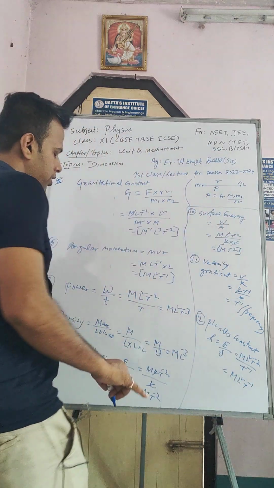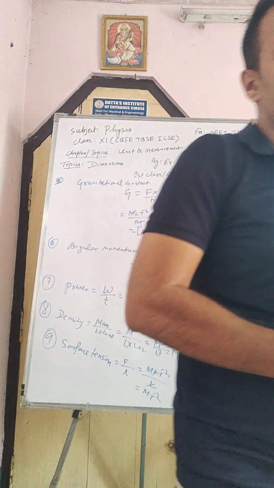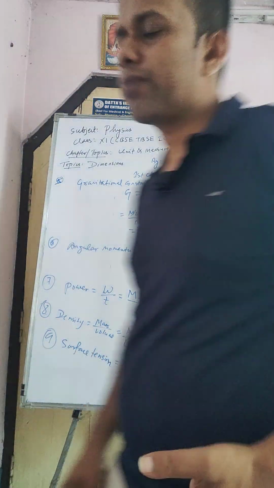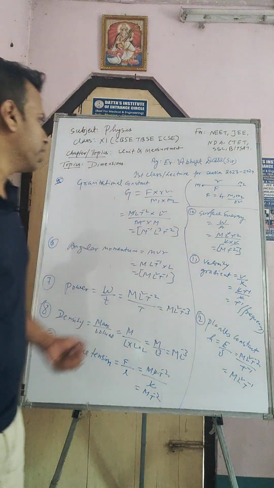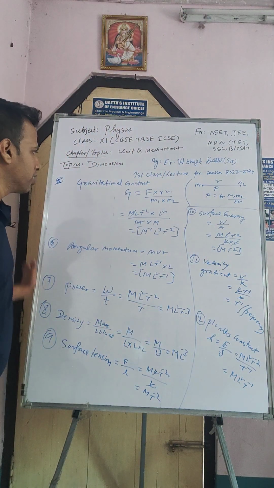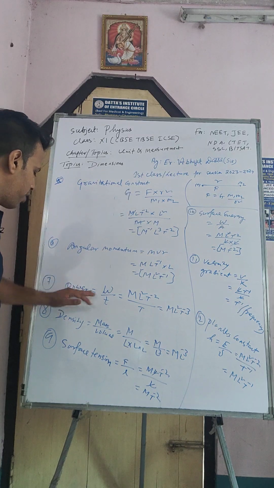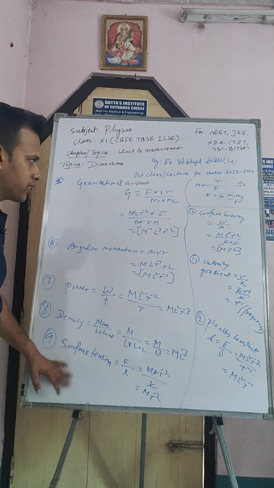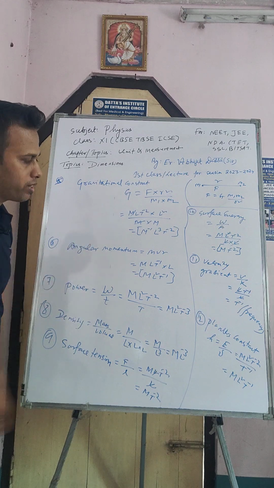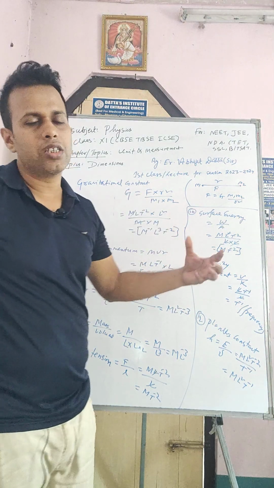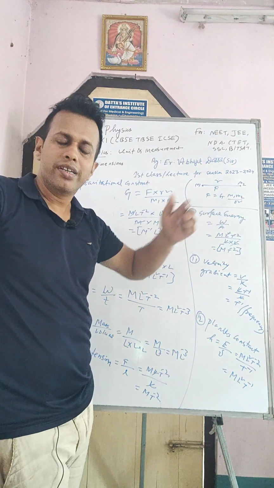So I did 12 dimensions here. Okay, there are so many dimensions of physical quantities, and I just read 12. You have to remember these formulas: gravitational constant, angular momentum, power, density, surface tension, surface energy, velocity gradient, and Planck's constant. Anything gradient means this term by distance.